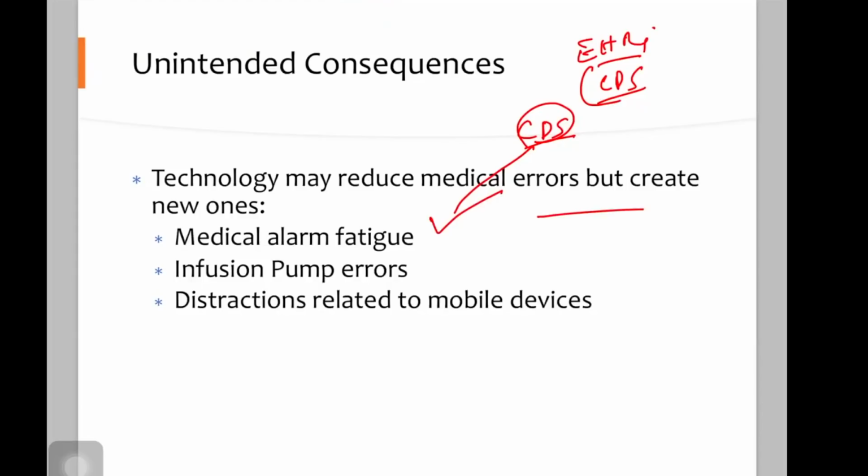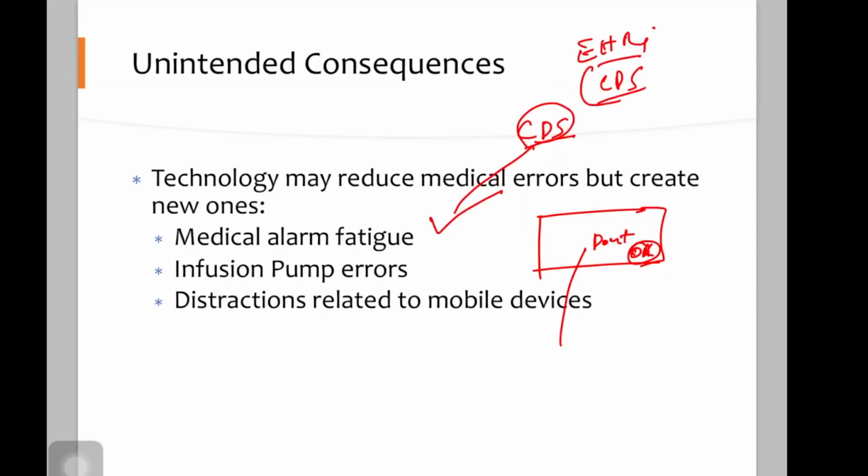For example, if a doctor is prescribing a medicine to a patient, and the system says do not prescribe that, and the doctor still prescribes it, and any adverse event happens, the legality part is still not well addressed. Who will be responsible? Is it the doctor, or the system, or the EHR part, the clinical decision support system management?